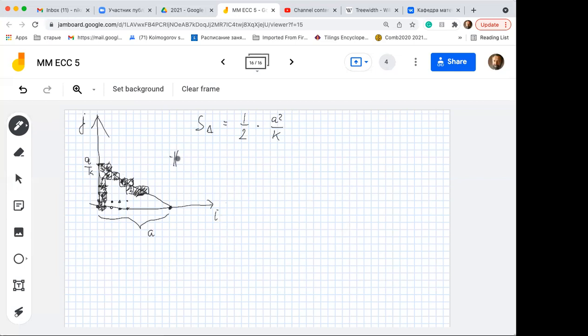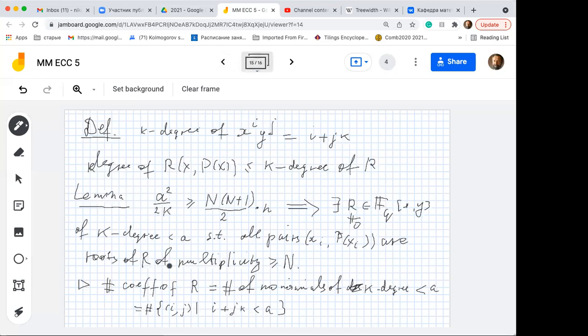The number of pairs below the hypotenuse is strictly larger than the area of the triangle, which shows that the number of such pairs is strictly larger than A squared over 2k.